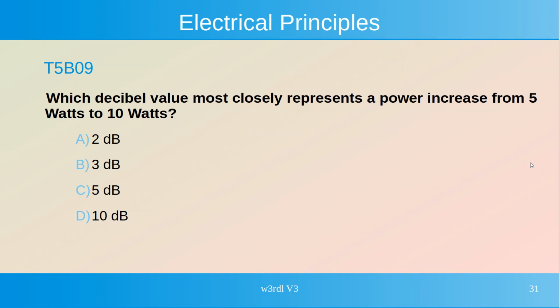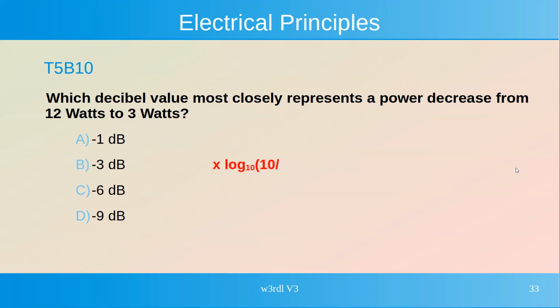Yeah, 3 dB. So a ratio of 2 is 3 dB, right? So you do the out over the in. Now, if it had been a lower number, it would come out negative because you get a negative log.